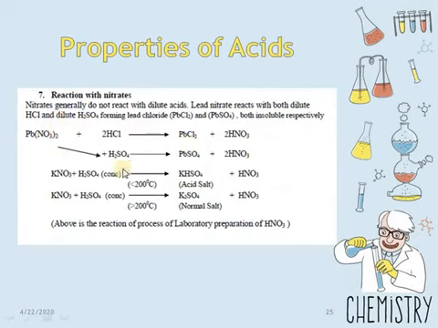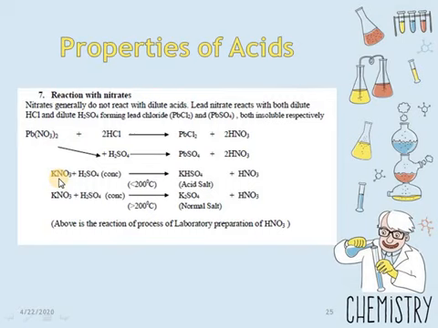Now this reaction is the reaction for laboratory preparation of HNO3. Nitrates generally do not react with dilute acids. Lead nitrate reacts with both dilute HCl and dilute H2SO4, forming PbCl2 and PbSO4, both insoluble respectively.